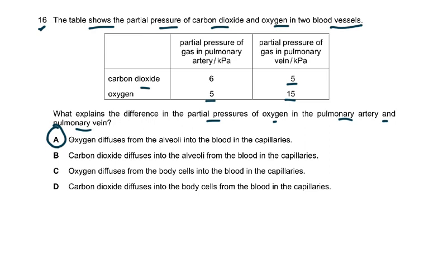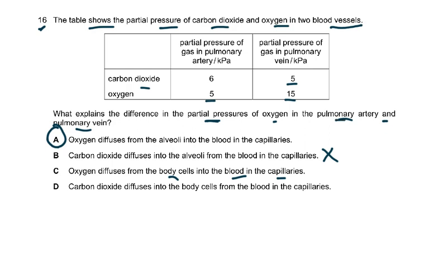Because it said, what explains the difference. So carbon dioxide diffusing into the alveoli from the blood in the capillaries is not going to explain this partial pressure. Oxygen diffuses from the body cells into the blood in the capillaries. Well, that is because of the aerobic respiration taking place in the cells of the body, and that is not going to be the result of the difference, because it says the differences in the partial pressure of oxygen in the pulmonary artery.